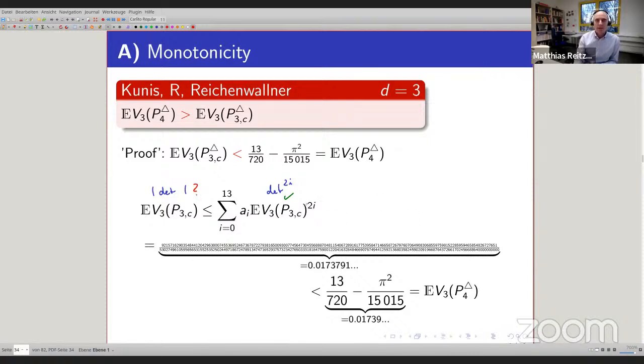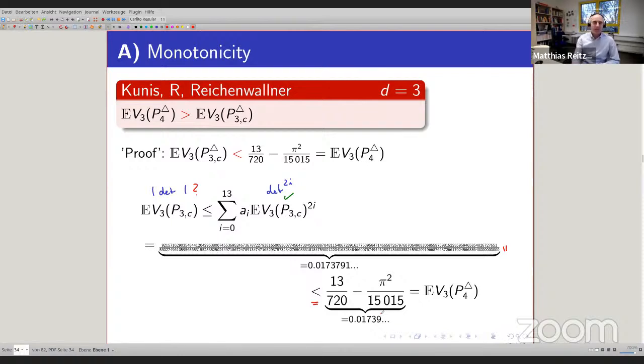But if we can do the even powers, then we just get something, okay, I wouldn't have a good guess why this number occurs, but at the very end, it turns out that's really the thing we need. This very nasty rational number is in fact smaller than what's happening on the right-hand side here. And this disproves the monotonicity property in dimension 3.